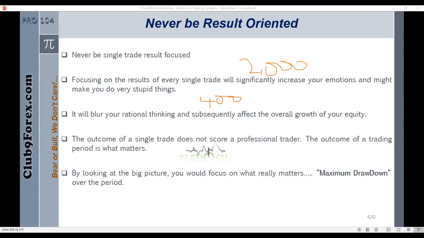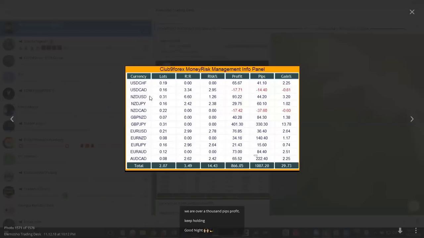For instance, let me try to show you something. Now, if you have been following my setup, you realize that sometimes I post this kind of table. If you look at it right now, you see that USD/CAD was in loss and NZD/CAD was in loss. If you focus on those that are just in loss, it may eventually start affecting those that are in profit.